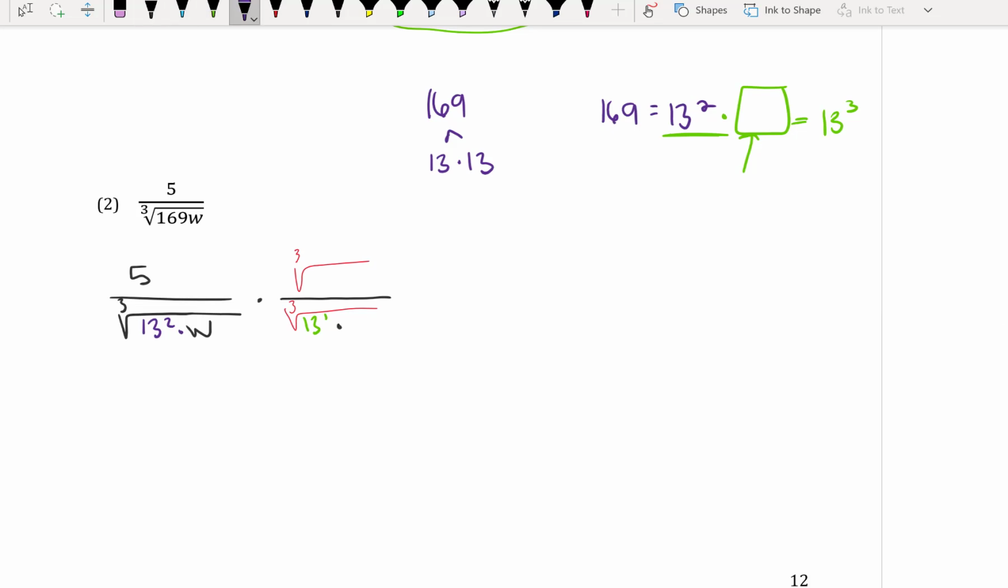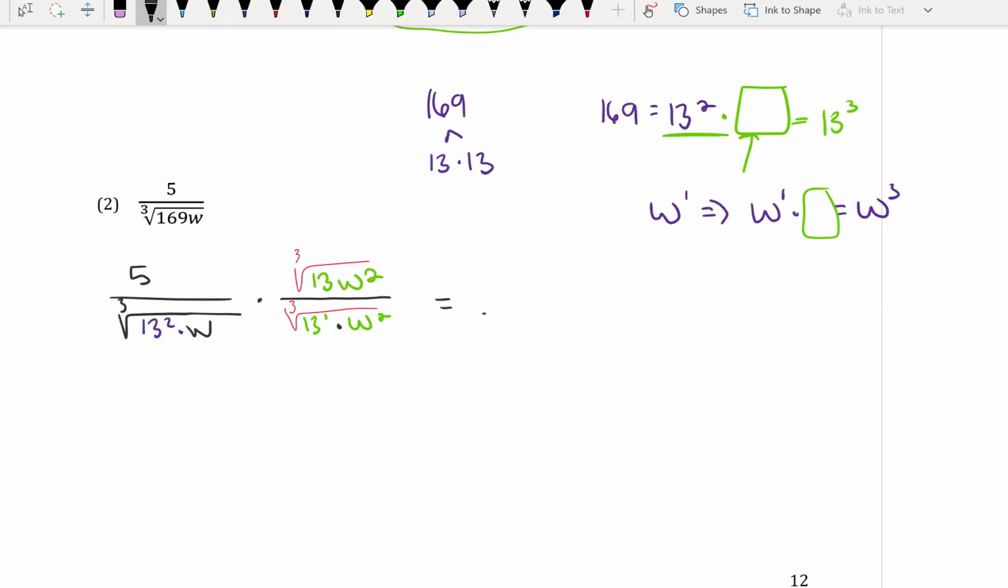Now look at our w's. If I have w to the 1, and your goal is to get to w to the third, then what would you multiply it by to get to that 3? That would be w squared. So you would multiply top and bottom by 13w squared.